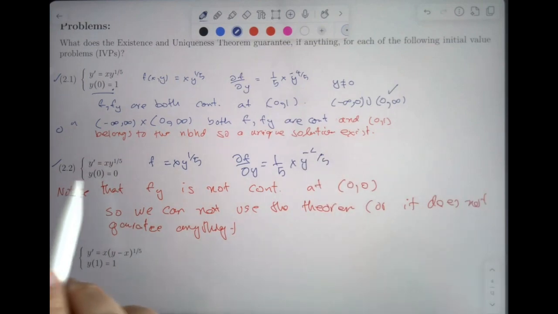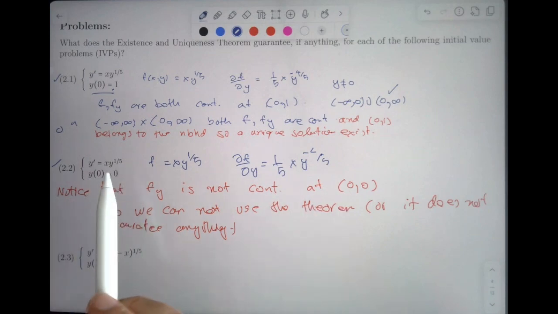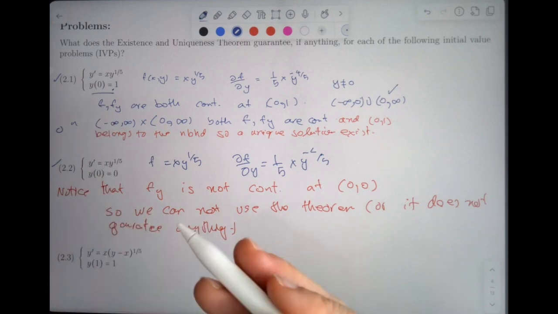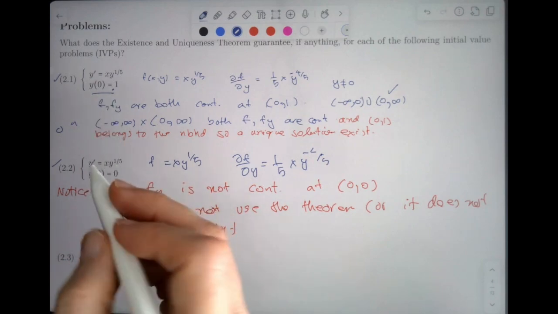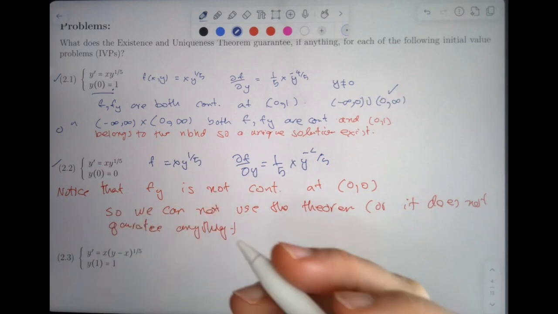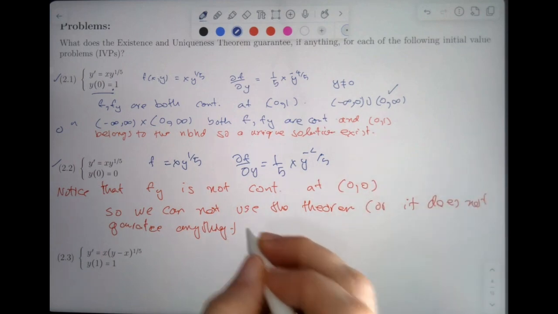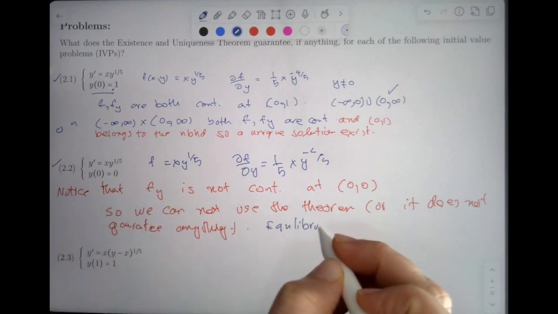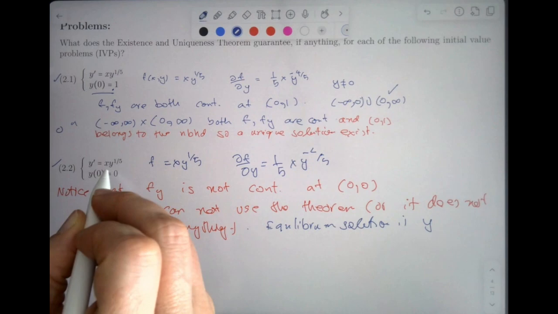So what I'm going to do is basically take my own advice. These two were selected to be done second because they are separable equations, and I'm going to see what a second solution would look like if it's an equilibrium. So what is the equilibrium solution here? It is y equal to 0, right?